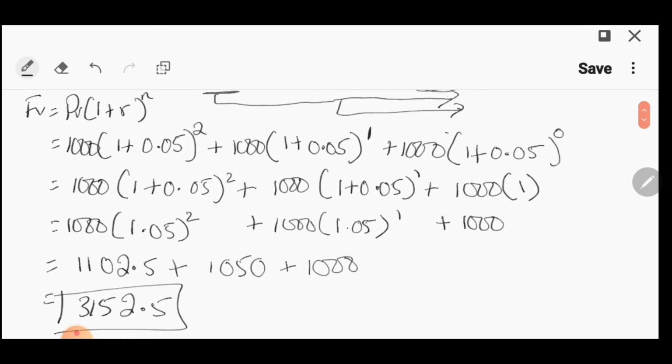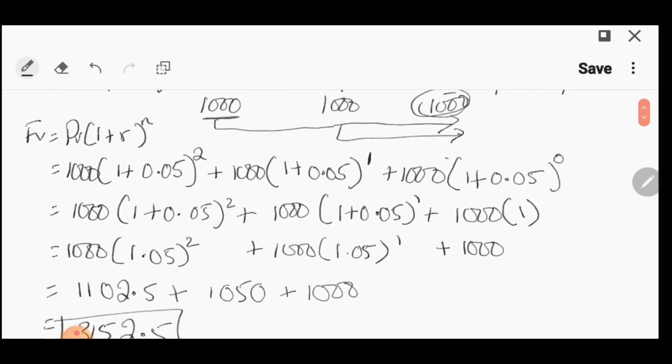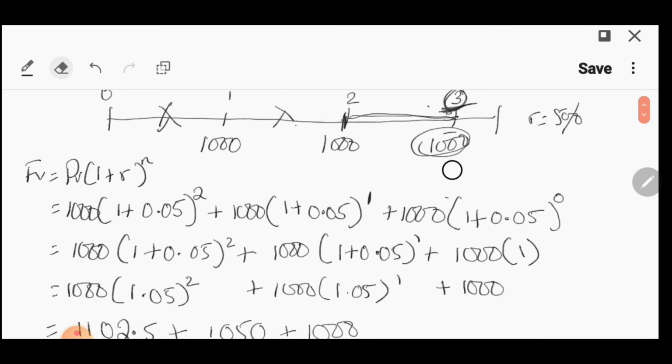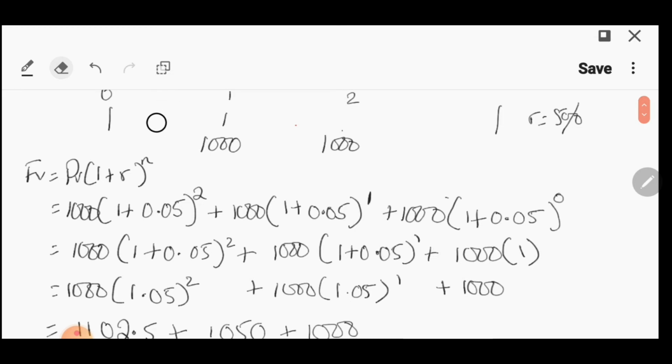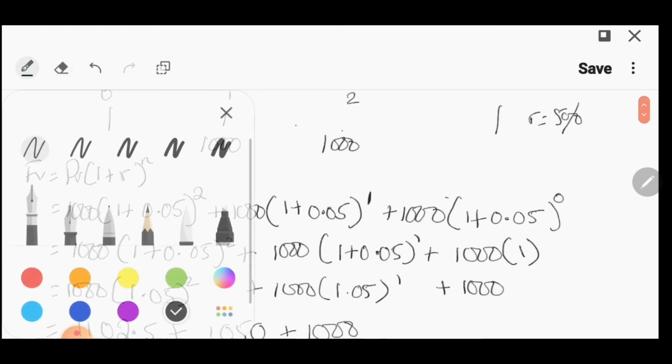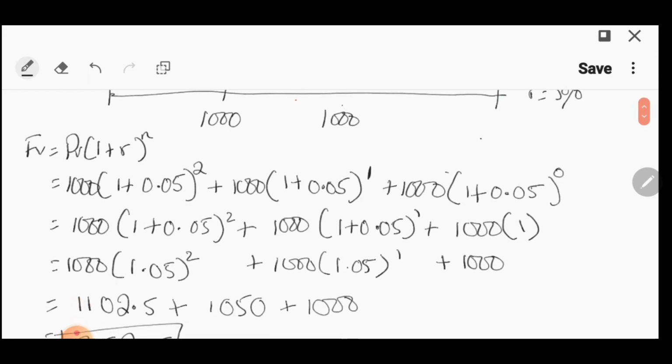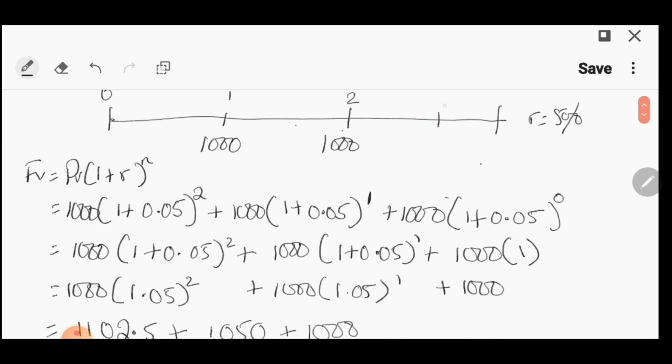So let's go up once again. What's happening over here is, let me first erase this, all the mess that I have created. So you wanted to know the future value over here.